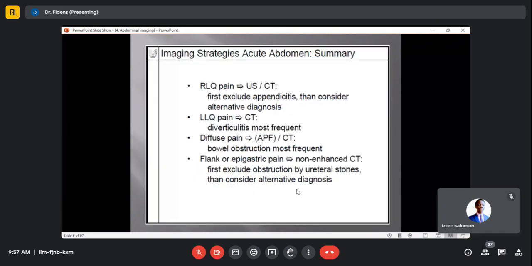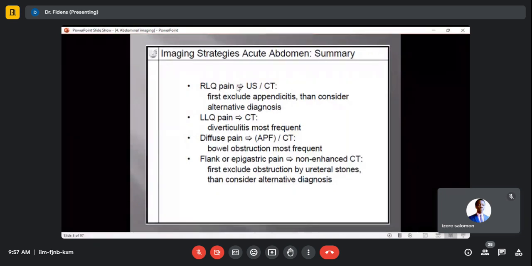So, as now we have seen the list of different causes of abdominal pain, now when you have like right lower quadrant pain, because it's localized, the first imaging modality you have to use is ultrasound normally. And after ultrasound, when ultrasound is not clear, the findings are not clear, you go for CT scan.